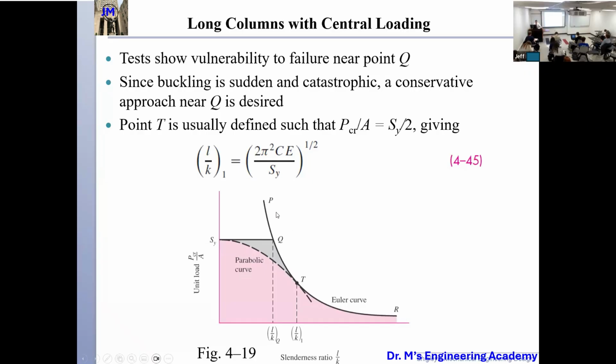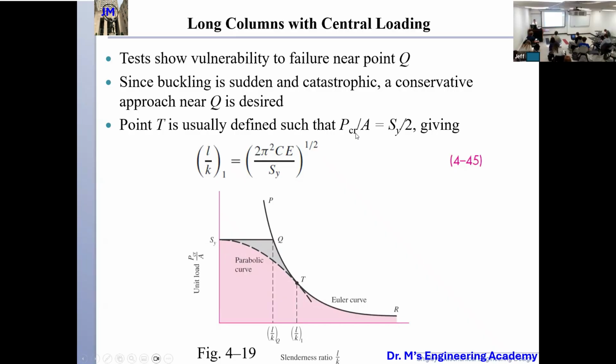To be conservative, we use this dotted curve to the left of T, and the Euler curve to the right of point T. Here is the critical slenderness ratio, L over k, calculated using this equation.